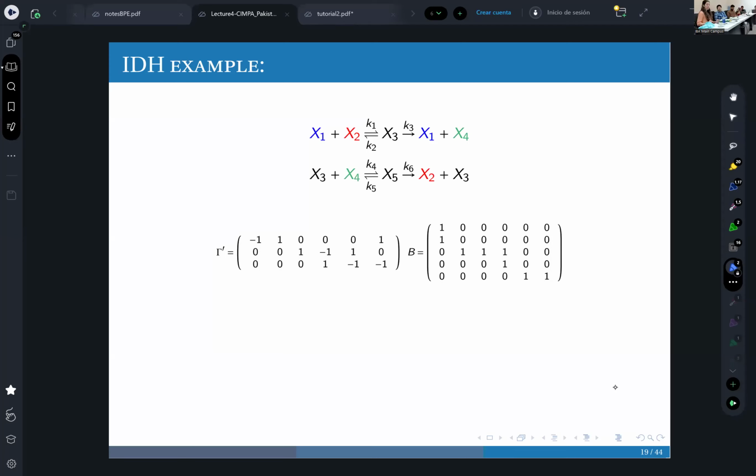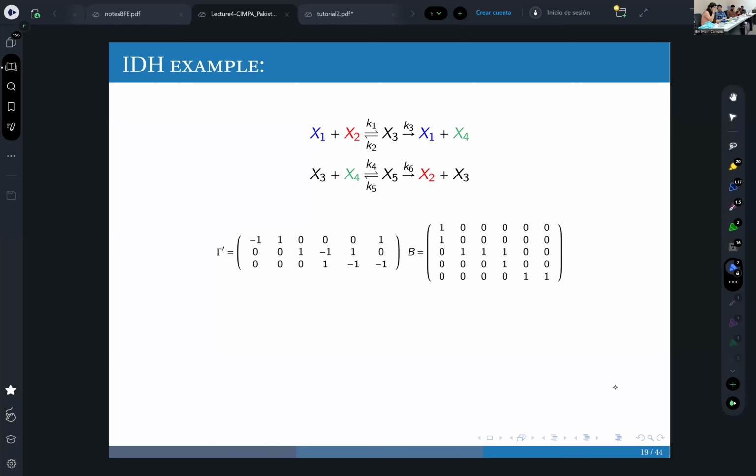Yeah, this was the one that I showed yesterday, the bigger network. And here I had the stoichiometric matrix, but I had removed 2 rows already for you, 2 rows that are linearly dependent on the others. And I have my matrix B.